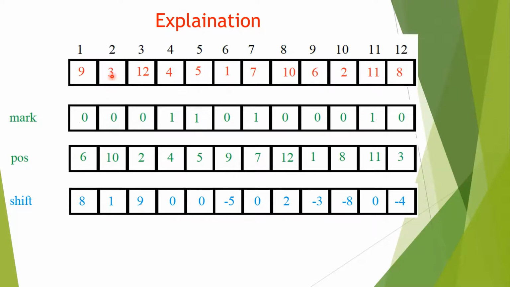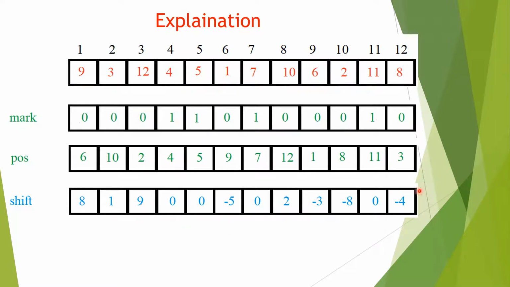Similarly, this element, which is 3, has to be placed right next, so it's one block away. Similarly, 12 is 9 blocks away, so we have put 9. 4 and 5 are at their correct position, so here we have no change, it's 0. Similarly, 1 has to be placed at -5, that is 5 blocks to the left.